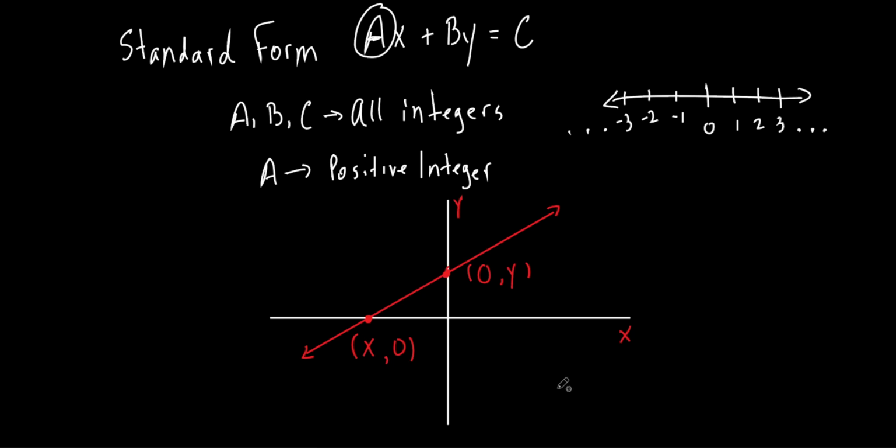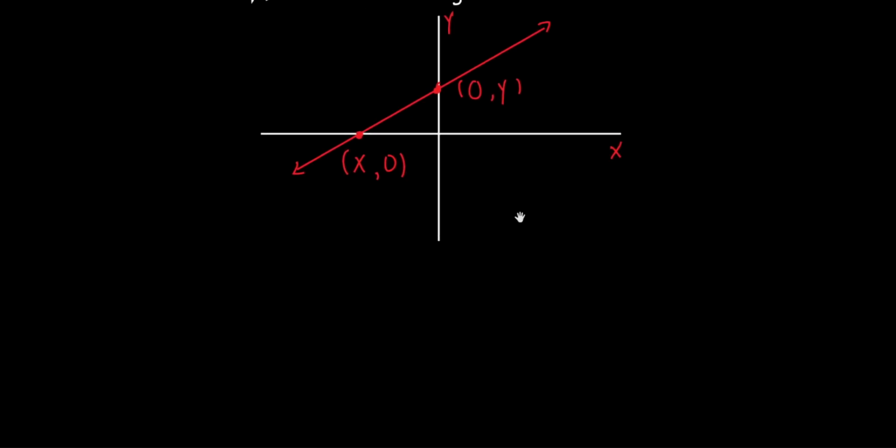Now, here's what we're going to do. In order to find, let's make this white again. If you want to find the y-intercept, okay, I'll just put y-intercept right there. What is the x always going to be? It's going to be 0.